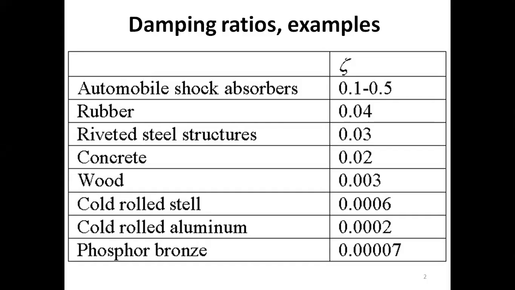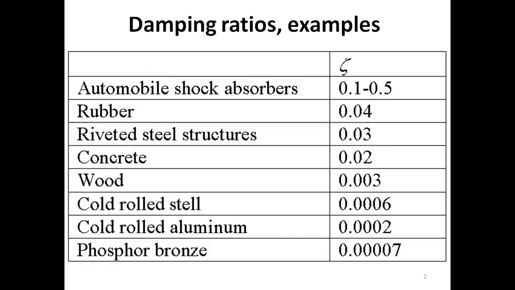Damping actually represents the energy losses, or the energy which is dissipating out of the vibratory system. So we are modeling that energy as damping. And then we discussed the damping ratio, which is actually the ratio of the actual damping in the system to the critical damping. And it is denoted by zeta.